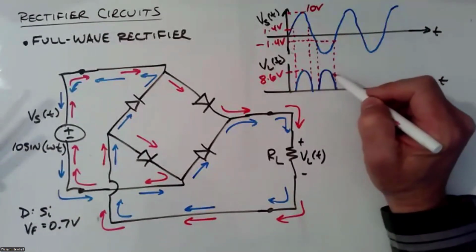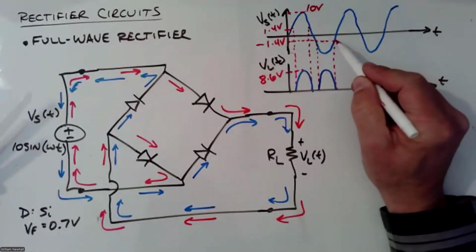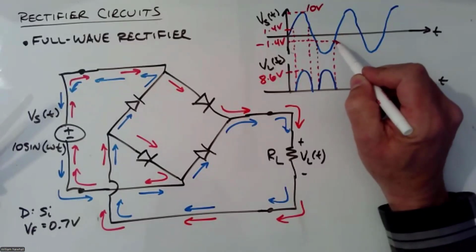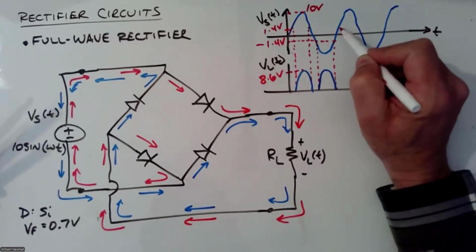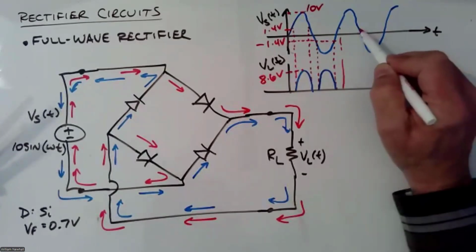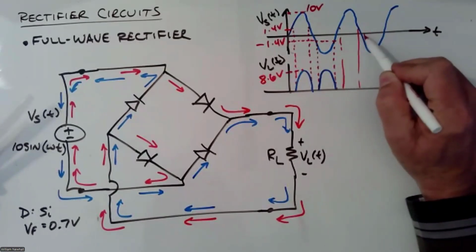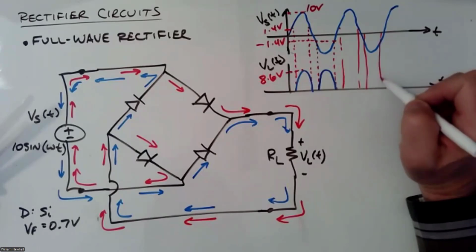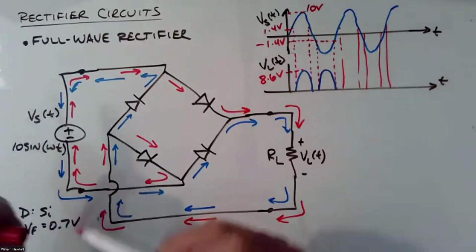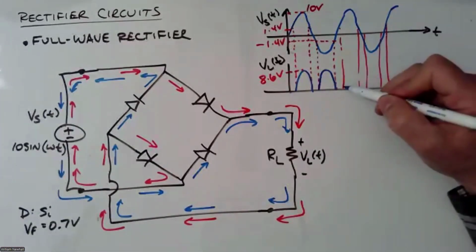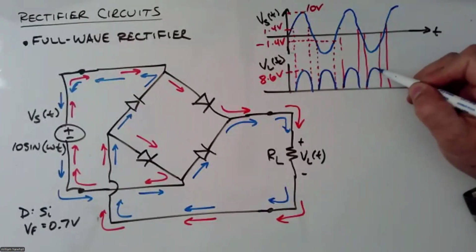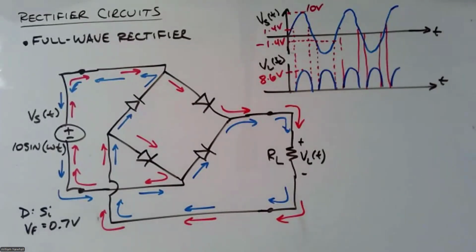And so that current flows through that diode until the source voltage reaches negative 1.4 volts, and then it crosses positive, and the same thing happens. Right, so we get this. So we get pulse, pulse, pulse, like that.